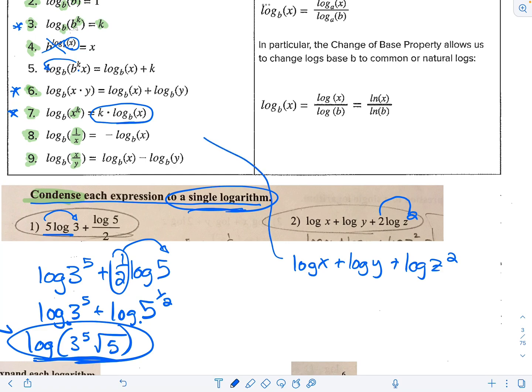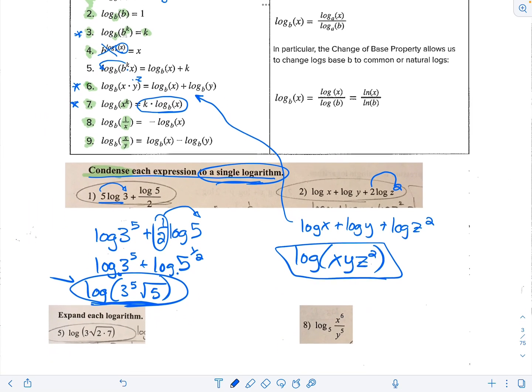In the example, the property, there's only two things being multiplied times each other, but you can extend that to x times y times z, for example. If you had that, you could say the log base b. So this is, in one single log, x times y and z squared.